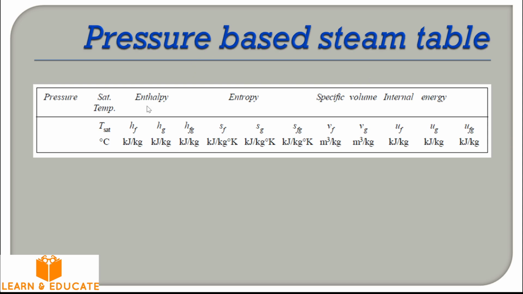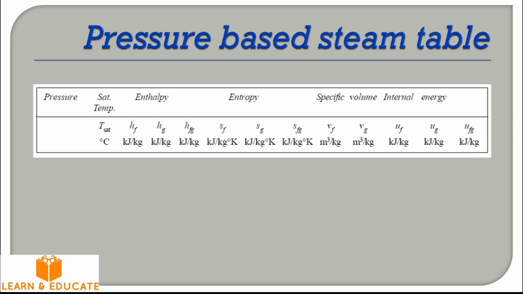Now under the enthalpy column you have hf, hg and hfg. What are they? hf stands for the enthalpy value for the liquid portion. hg stands for the enthalpy value for the gaseous state of water. hfg for the mixture.